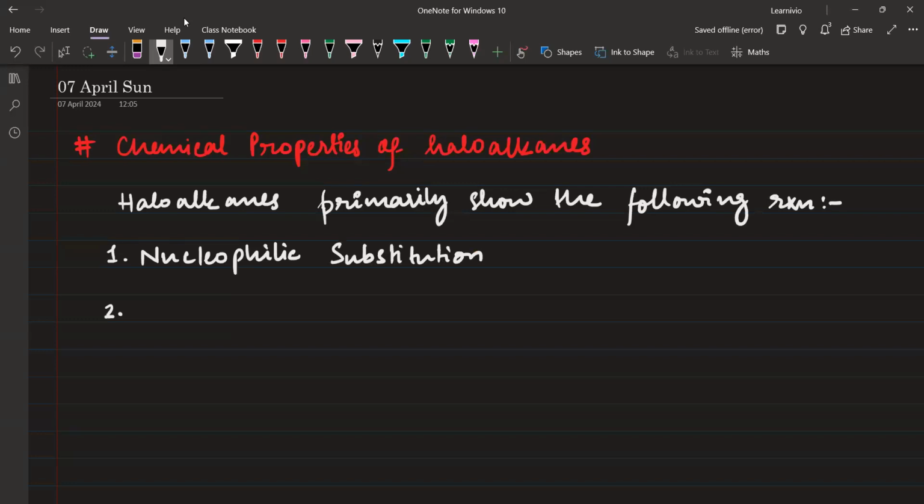Second is elimination reaction. And the third one is reactions with metal.